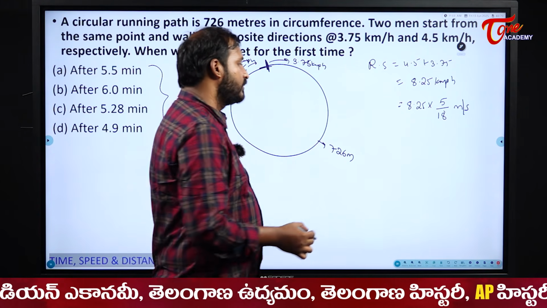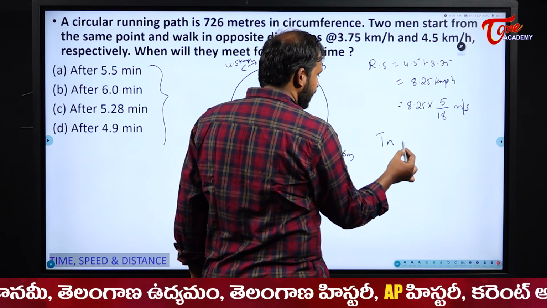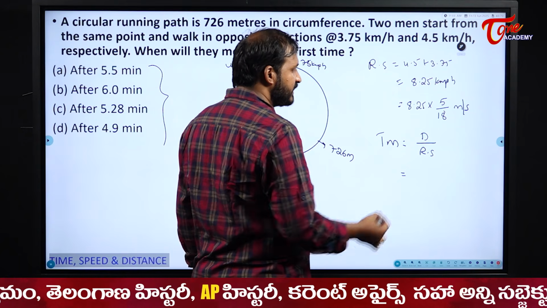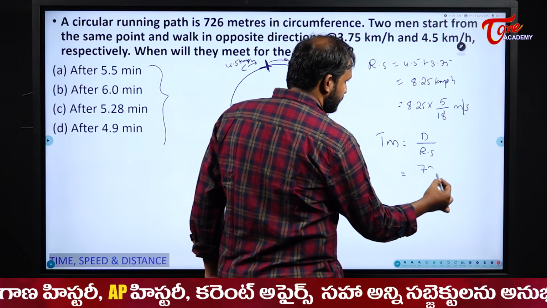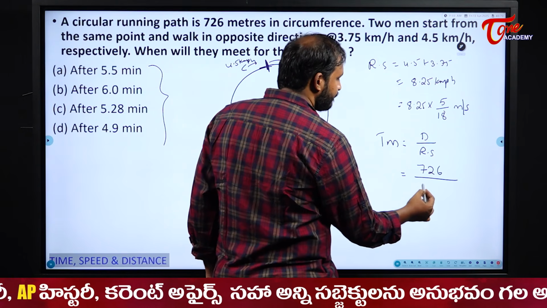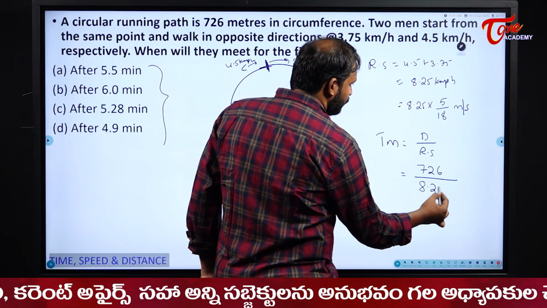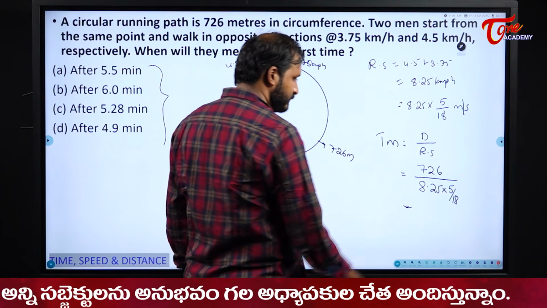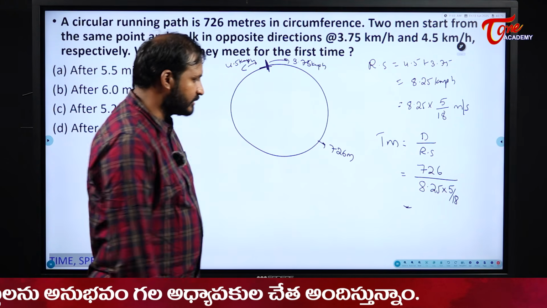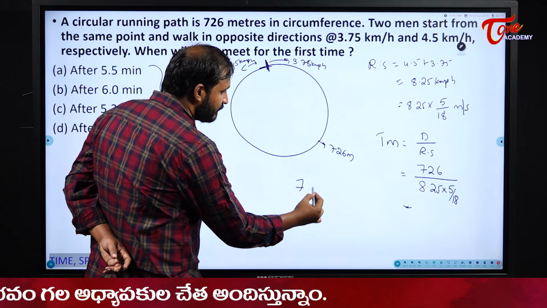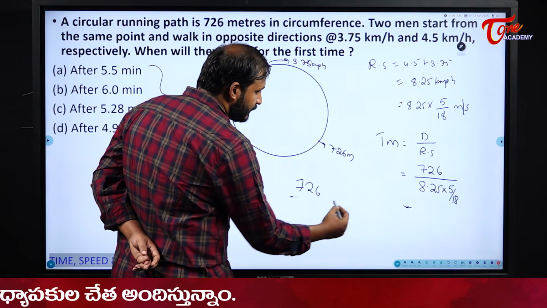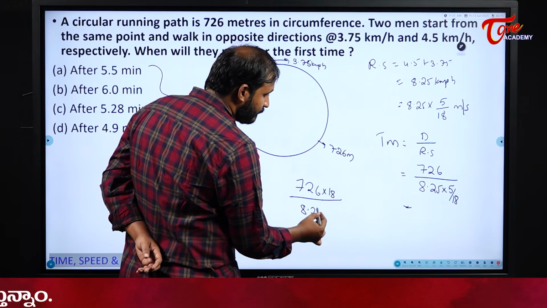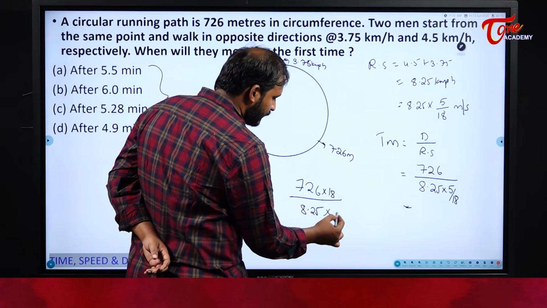Now, time taken to meet is distance by relative speed. What is the distance here? 726 by 8.25 into 5 by 18. This 18 will come to the numerator. So it will become 726 into 18 by 8.25 into 5.